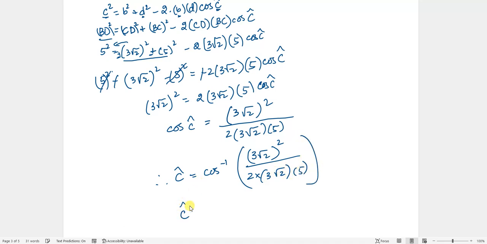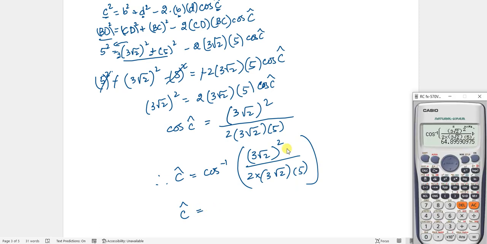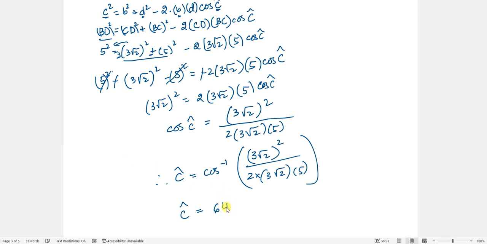Let's see what we get. As you can see here, we get the answer. I copied it from the calculator. So we get the answer as 64.9 degrees. Your answer range in this sort of question is like 64.9 to 65.1.